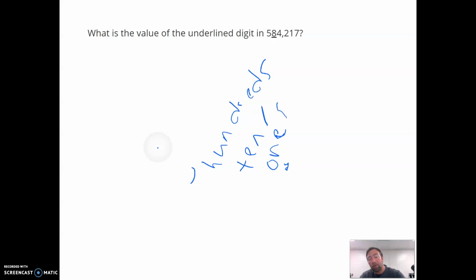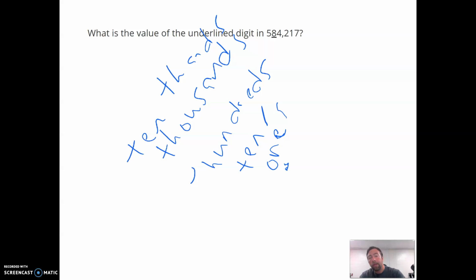The next number over is thousands, and then 10,000s, and then 100,000s. And then we get to our millions, and it just keeps going.